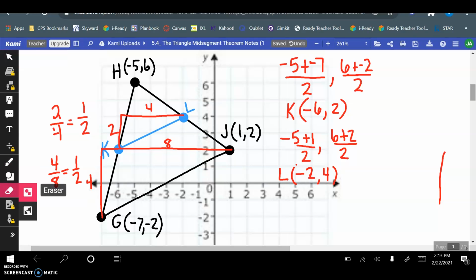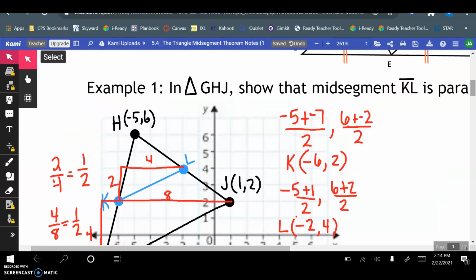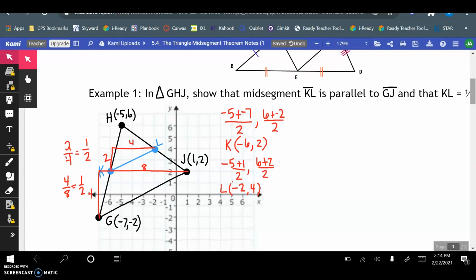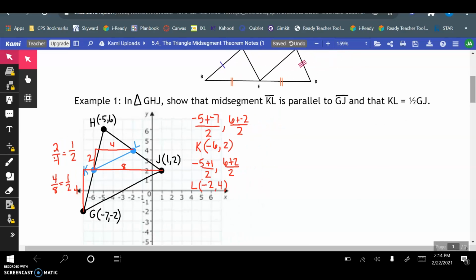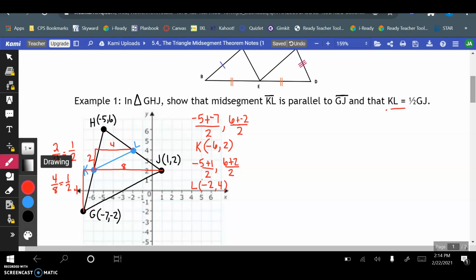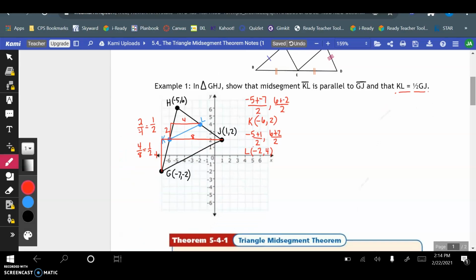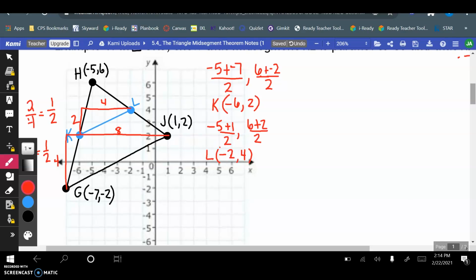The other thing that they're asking us to prove in this question is that KL is half of GJ. So that's what this last piece means right here. Now we have to find the length of KL and GJ, and we do that by using the distance formula. The distance formula is the square root of x2 minus x1 squared plus y2 minus y1 squared.